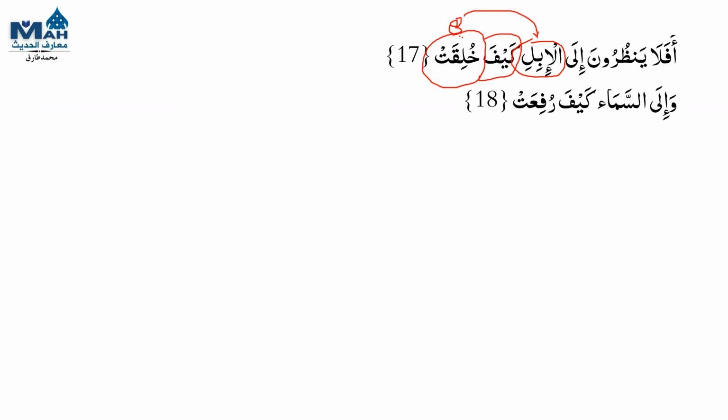It is very important, the most important, more than Arabic or anything. So read properly. Kaifa, this ya should be clear. Kaifa rufi'at. This kasra and this ya sound should be very clear.